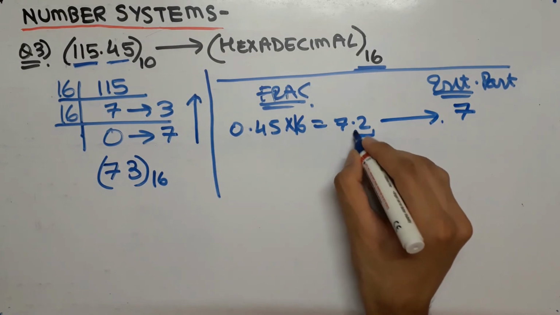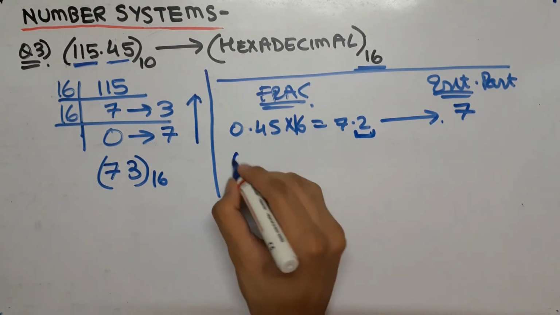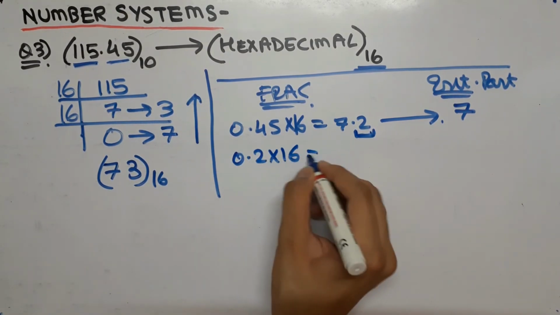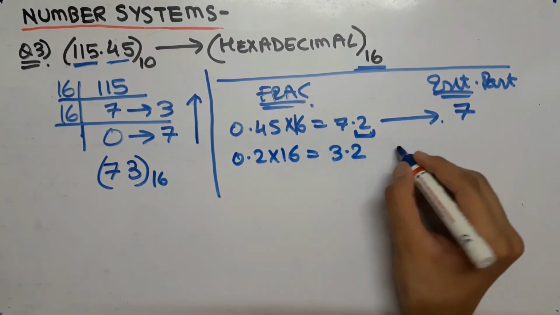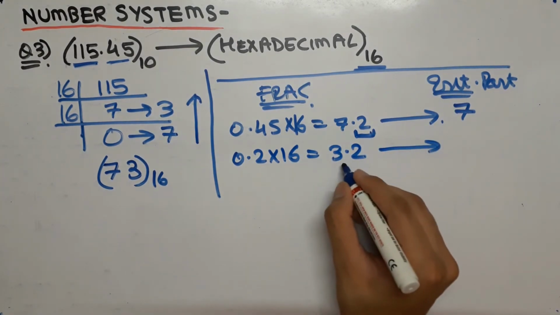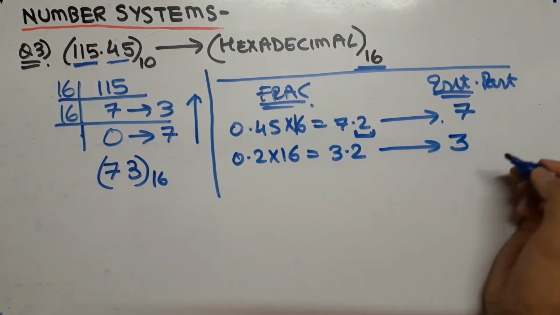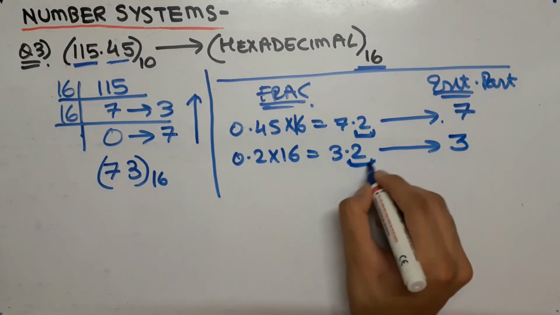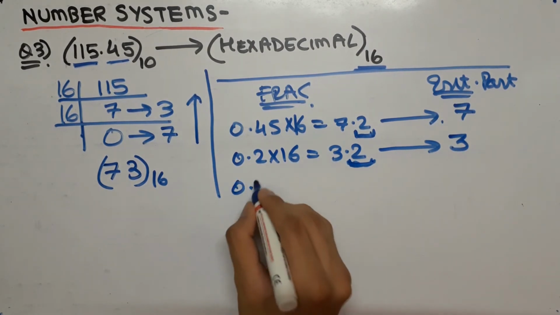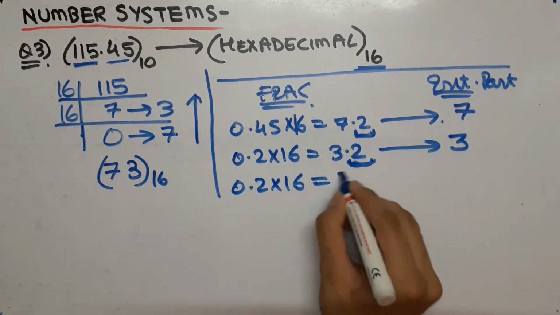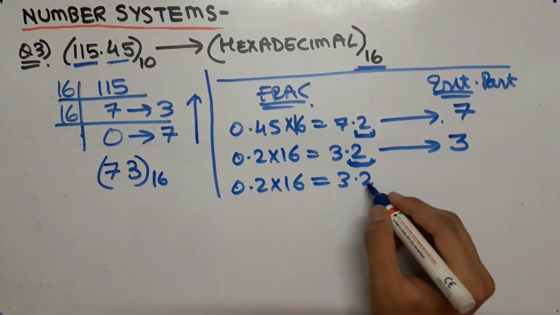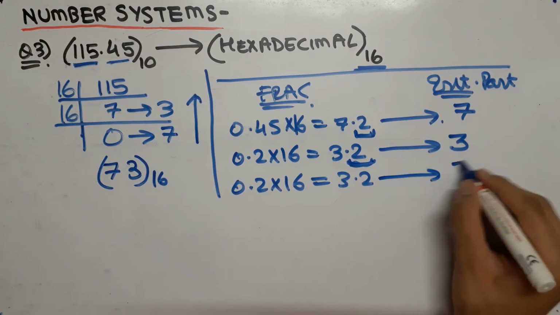And similarly, now we will only consider this part, that is 0.2, and multiply it by 16. That is, on doing that, you will get 3.2. And now we will write its integral part over here, that is 3. And now we are going to consider 0.2 and multiply it by 16. So we will again get 3.2 and we will write its integral part over here.